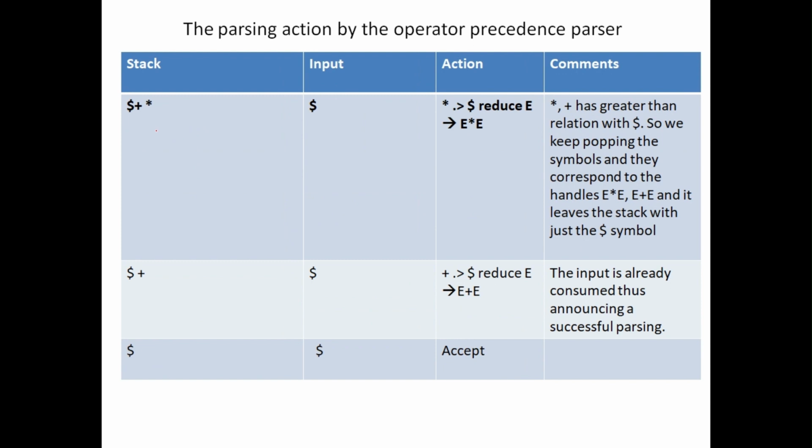Again, asterisk has greater precedence than dollar, and we know this represents E asterisk E, so reduction is done, only plus is left. Next this plus has greater precedence than dollar, and plus represents E plus E, so reduce by this.